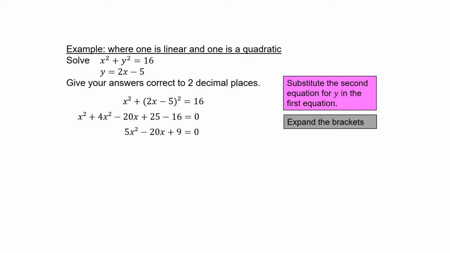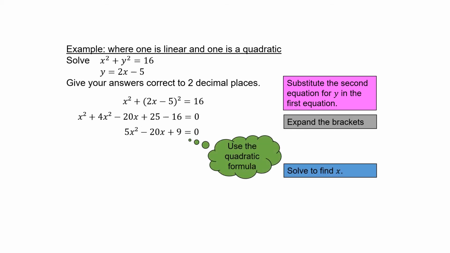So we simplify this equation to 5x to the power 2 minus 20x plus 9 equals 0. So to get our x from the formula, x equals 3.48 or 0.52. Then substitute our x in y.